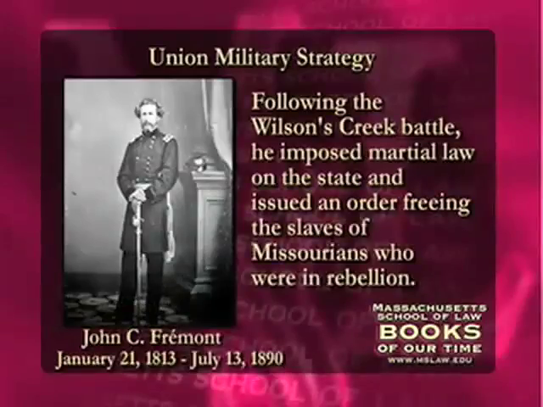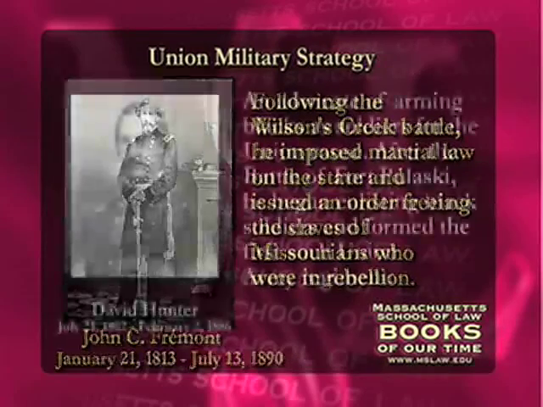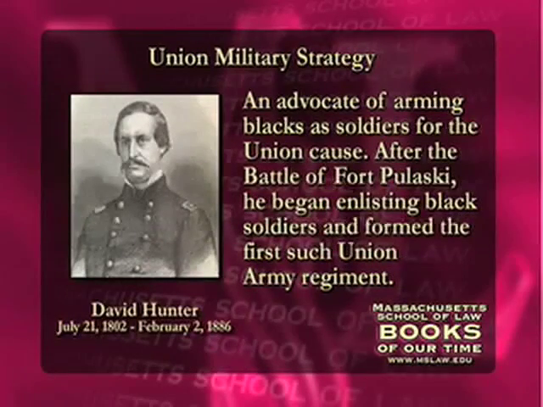Lincoln at first wants to conciliate the border state slaveholding unionists, so he doesn't want to touch slavery. And when General Fremont issues a military order emancipating the slaves of Confederate supporters in Missouri, Lincoln squashes it. When General Hunter in May 1862 issues a military order declaring the slaves in the South Atlantic states free, Lincoln squashes that.